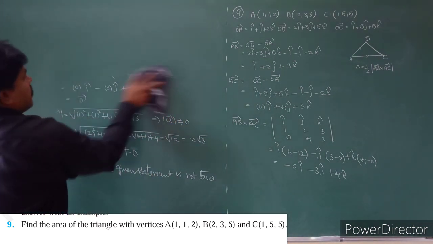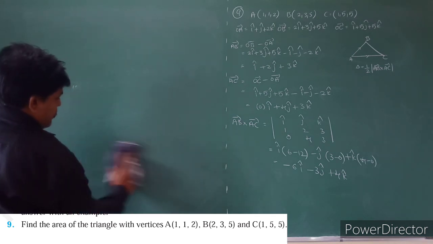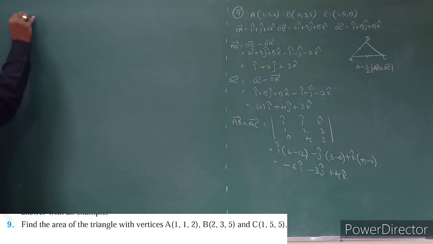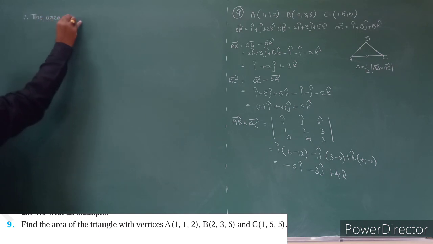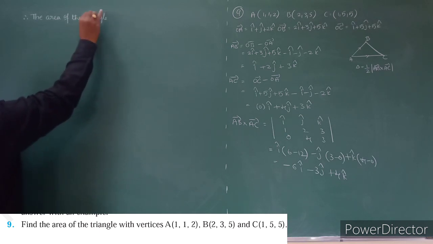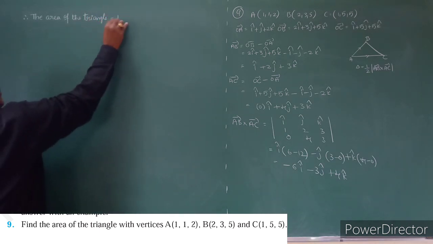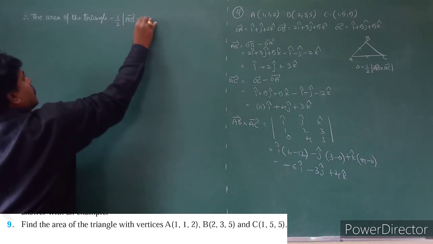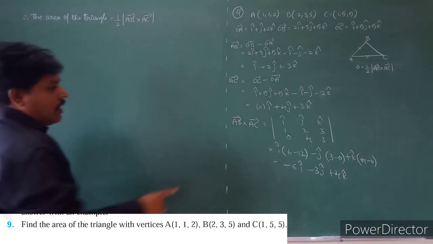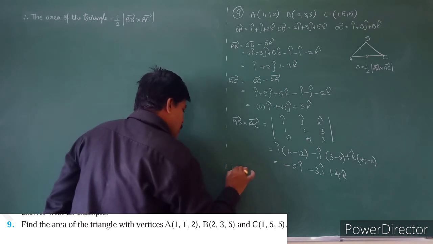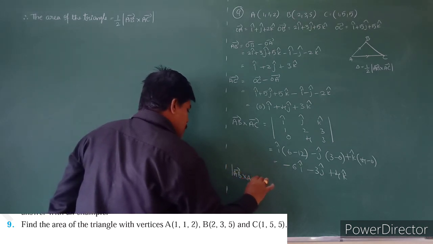So the question is to calculate the area of the triangle. Therefore, the area of the triangle is equal to half mod AB bar cross AC bar. Here AB bar cross AC bar has already come, so I will calculate its magnitude.